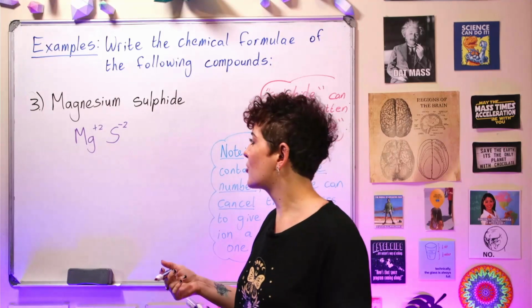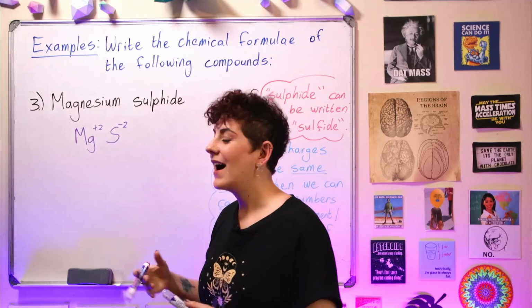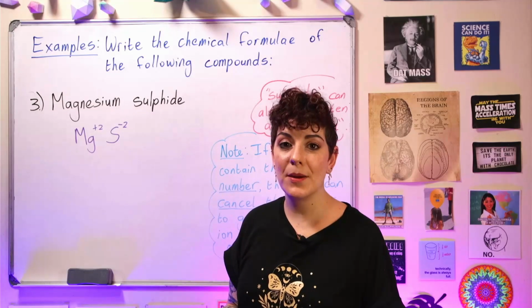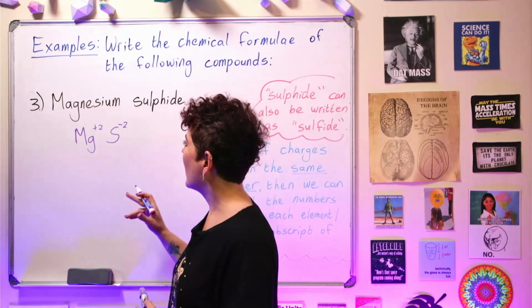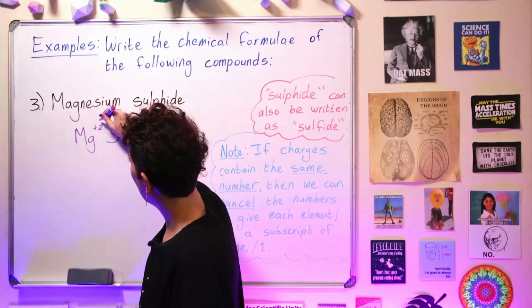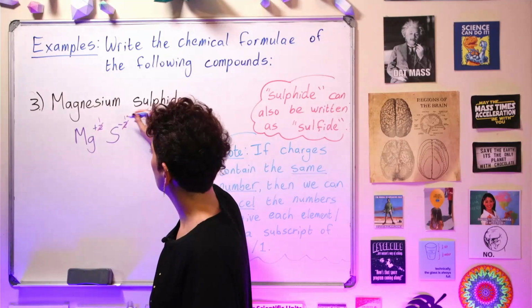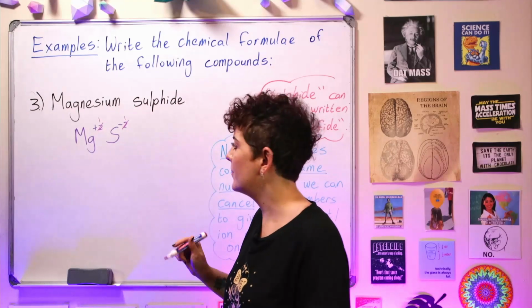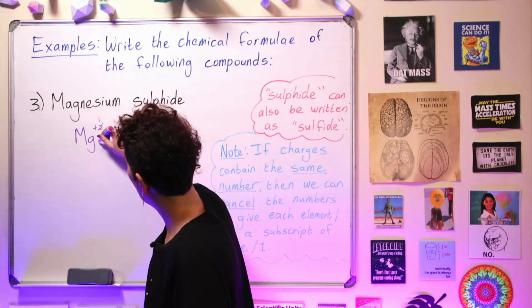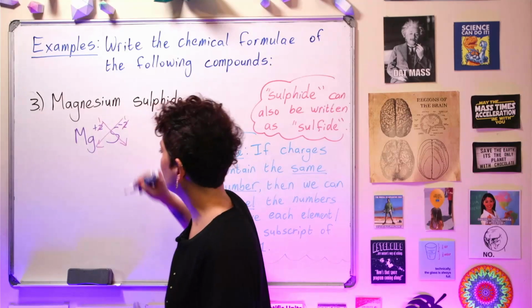So before I cross over the 2's, I would notice that it's the same number 2 in each charge. So I can actually cancel them and simplify by making each charge 1, right? So now we can cross those 1's over after we've simplified.